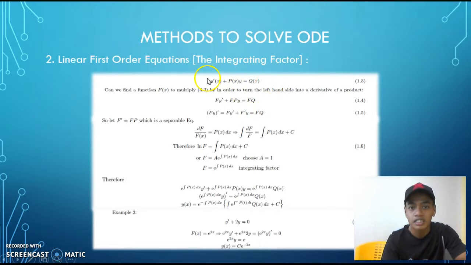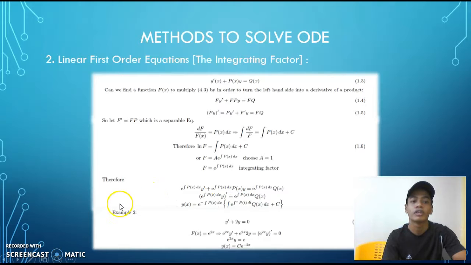From this equation, we will use p(x) to find the integrating factor, like this. So f, which is the integrating factor, equals e to the power integral of p(x) dx. Then we multiply it onto the first equation, to each term.